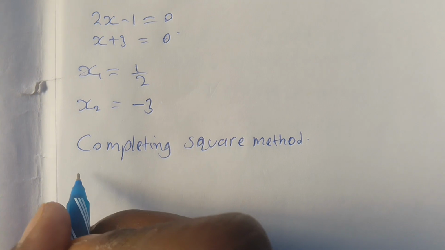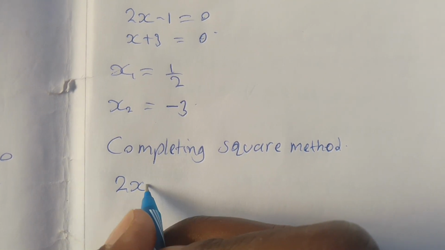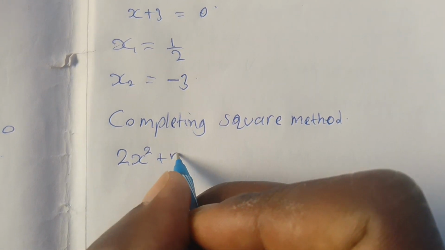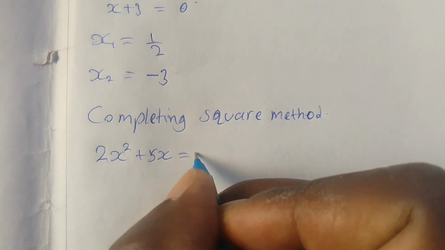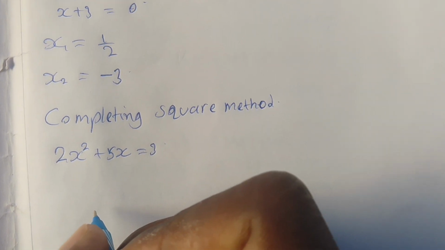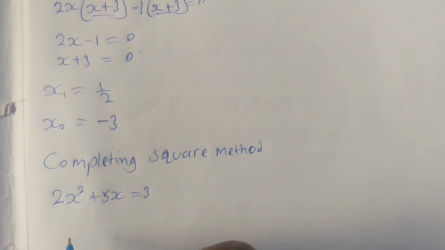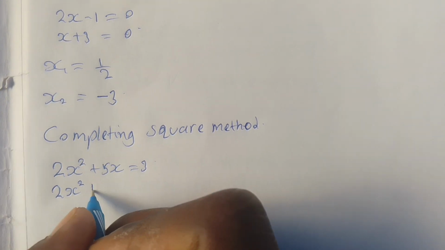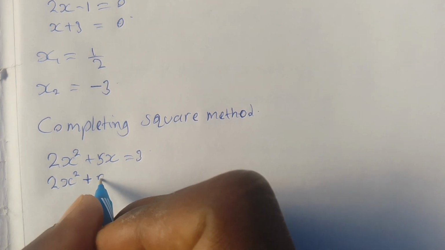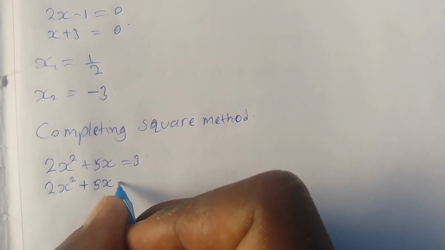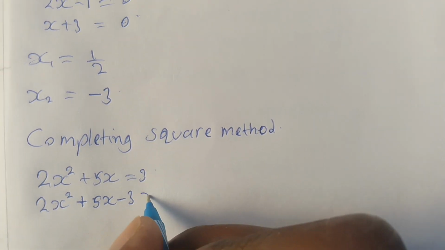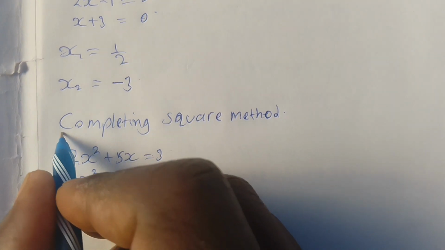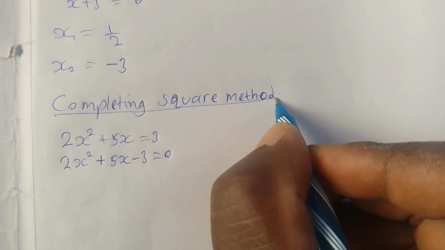For example, let's continue with our first example. 2x squared plus 5x is equal to 3. This is equal to 2x squared plus 5x minus 3 is equal to 0. Remember, we are using the completing square method.